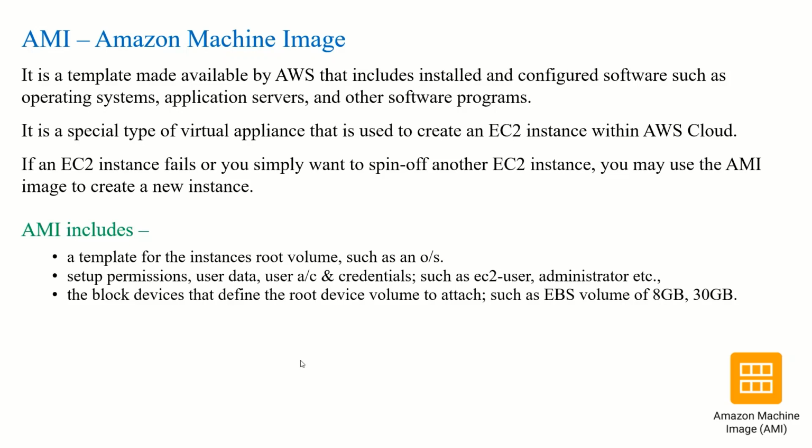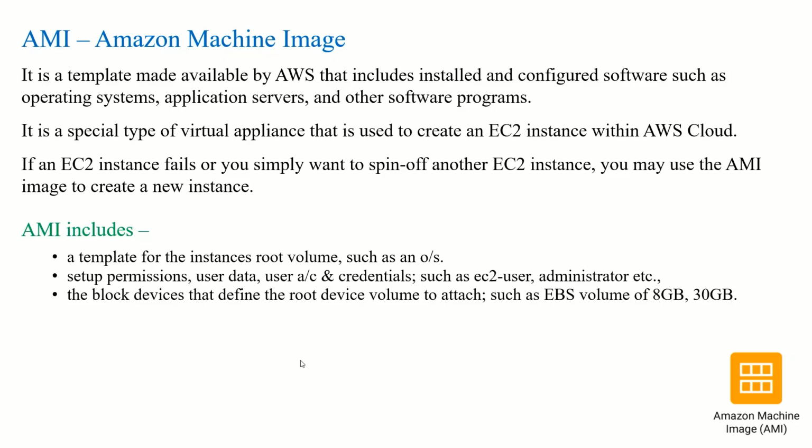So what does this AMI include? What it has? It has got a template for the instance root volume, such as an operating system, just like your drive C, the bootable disk. Next, it has got setup permissions or user data, user account, or credentials such as EC2 user, administrator, or your predefined user accounts.